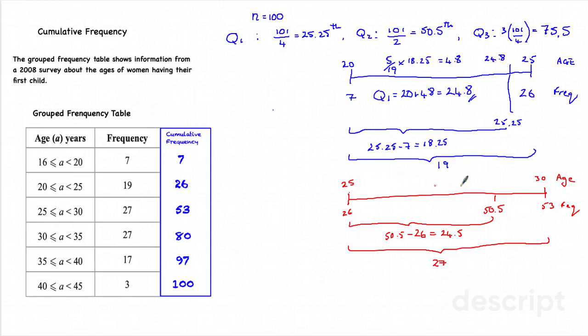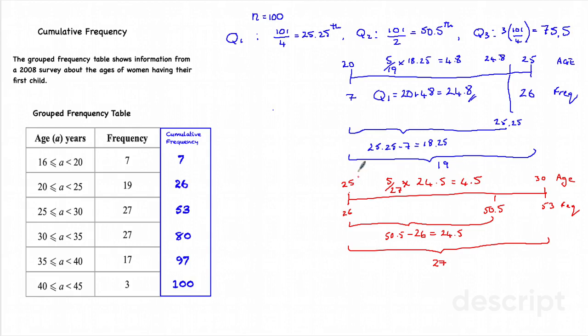So I'm going to divide this age, the difference there is 5, into 27 equal parts, and I need 24.5 of them, and that will give me 4.5.